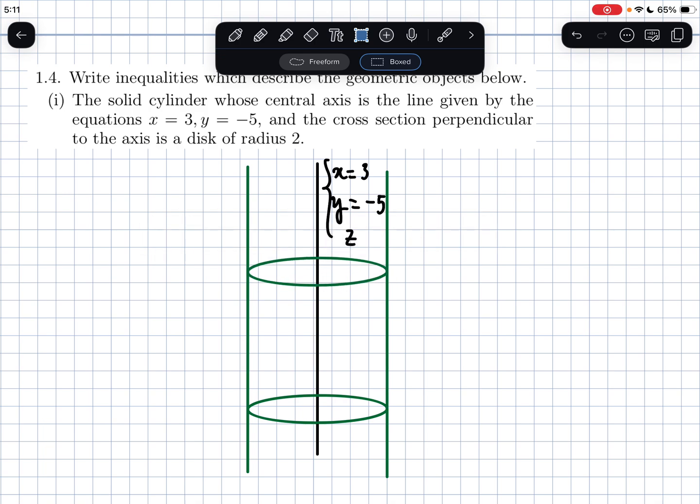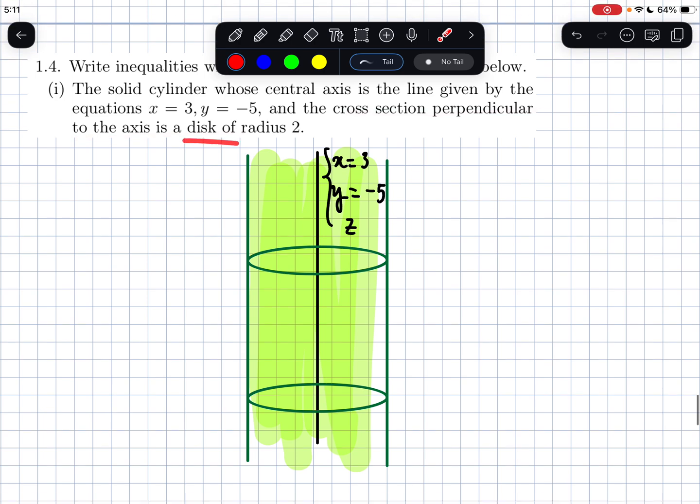So we have a solid cylinder, so you consider the points inside that too. And they told us that the cross-section perpendicular to the axis is a disk of radius 2. For example, this is a cross-section, or this is another one, a disk of radius 2.